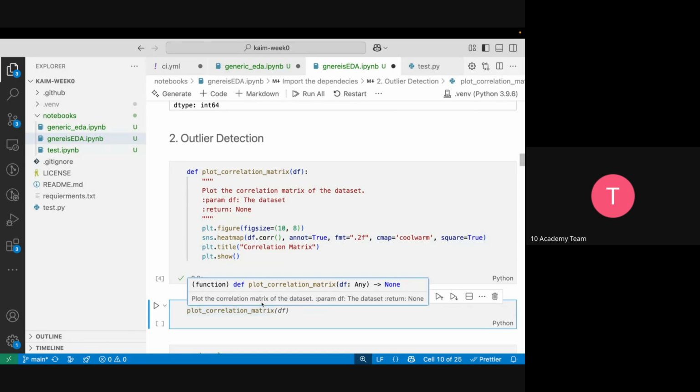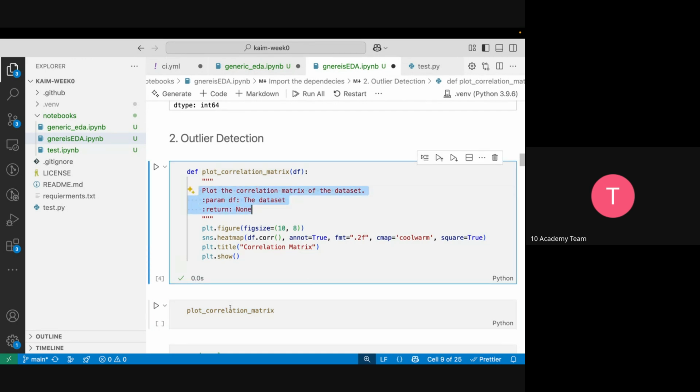If you take a look at what's written here, it is exactly what I have put here. So that's what comes when you hover over it. It's not an add-on or anything. It's just how you write it.